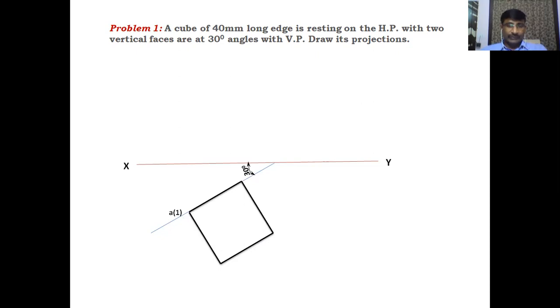Out of those 8 corners, 4 corners are visible and 4 corners are invisible, which are on the bottom square base. And the next point is B of 2, B is the visible corner, 2 is the invisible corner, C of 3 and D of 4. These are the corners of the cube when looking from the top side.